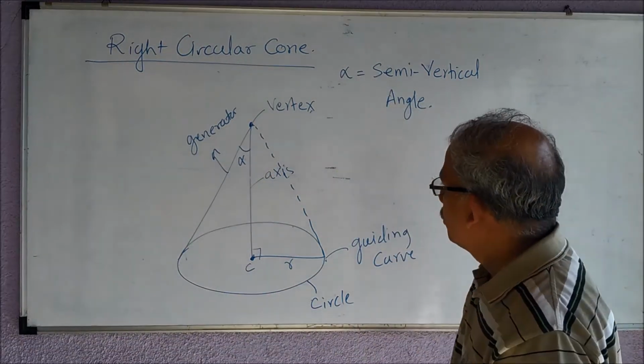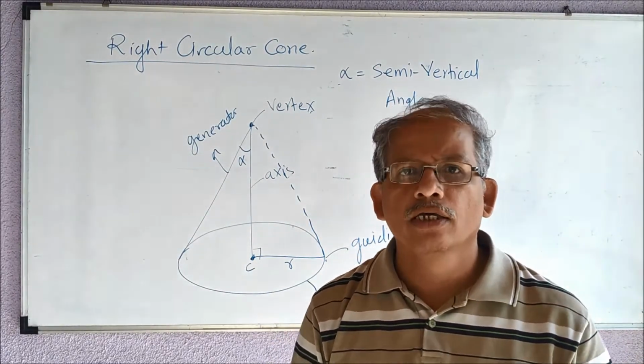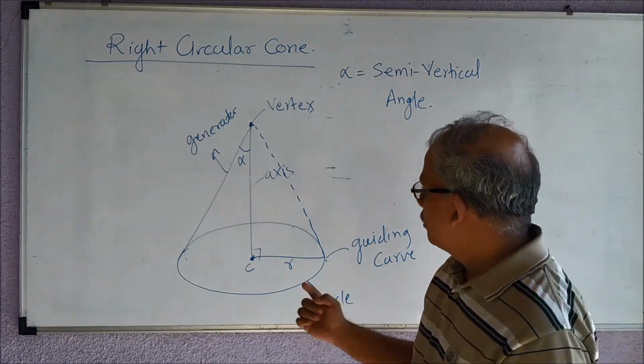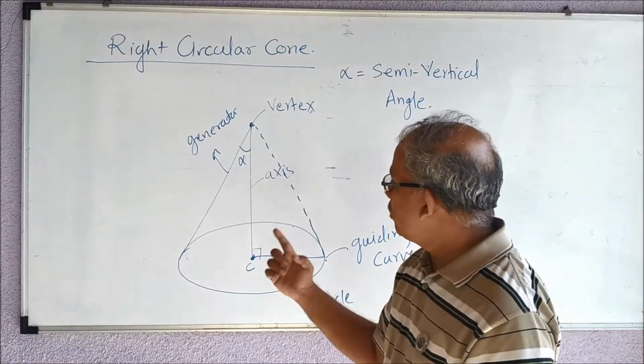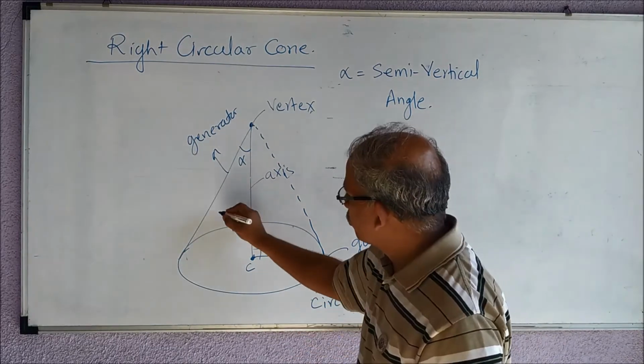Now we are interested in finding the equation of this cone. What will be the equation of this cone? That means any point lying on the surface of the cone anywhere must be on the generator, right? So we will take any point on the generator.